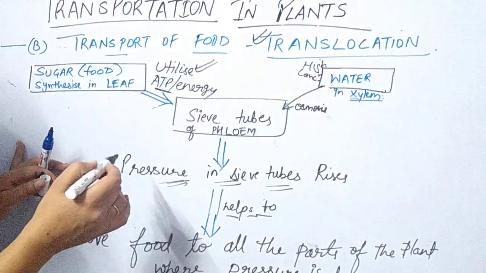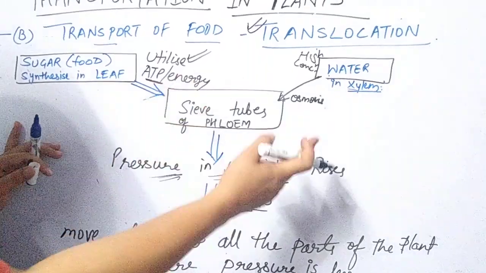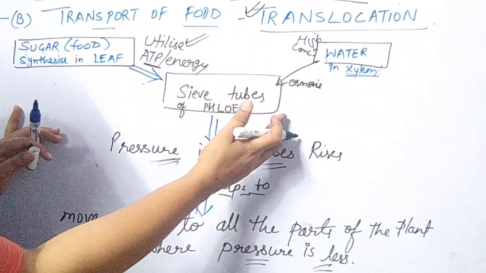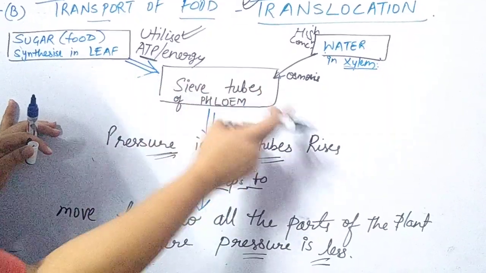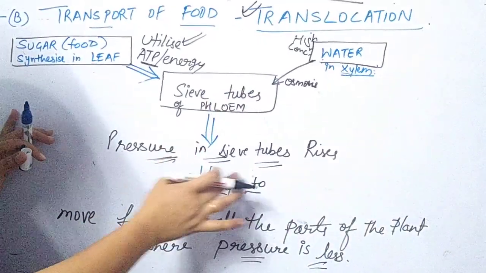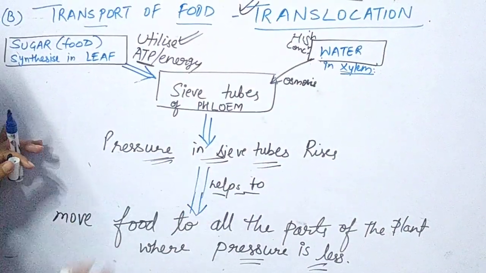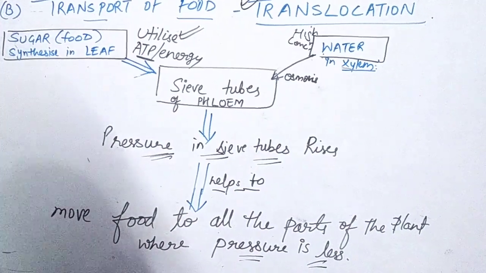This is called active transport of sucrose into the phloem, followed by osmosis. Both of these processes go on side by side, and then pressure in the sieve tube increases, which helps to move the food into the parts wherever the pressure is low.